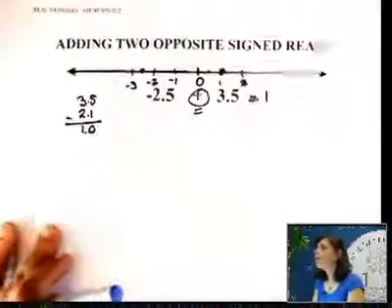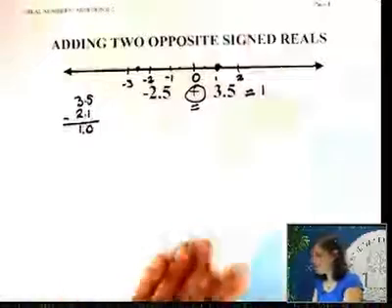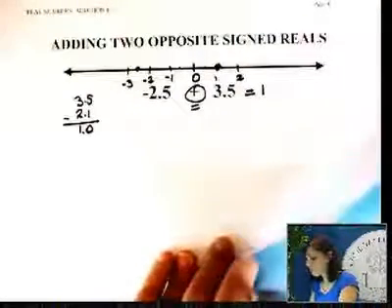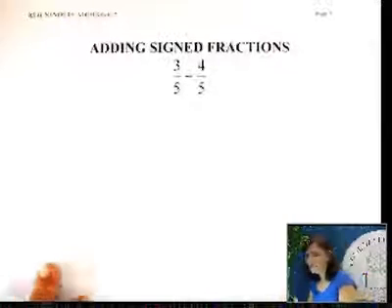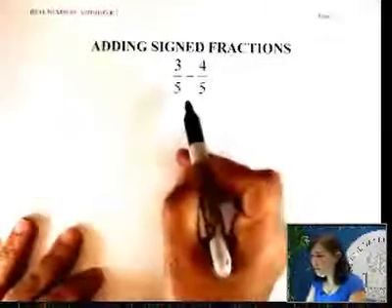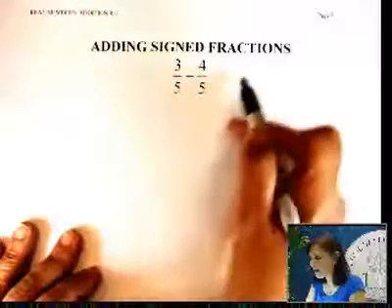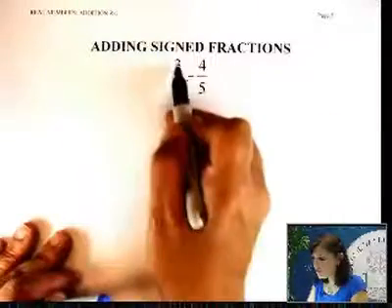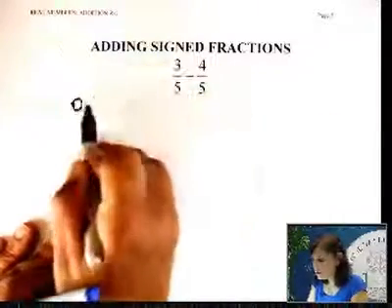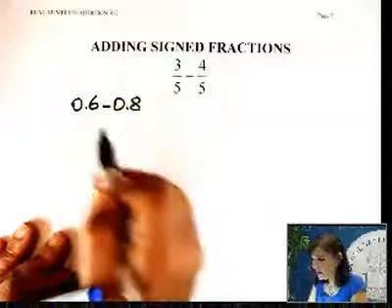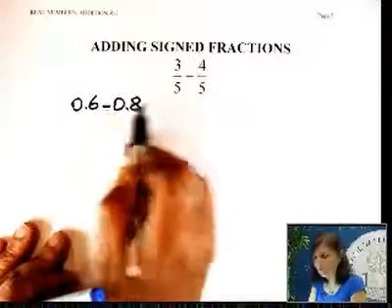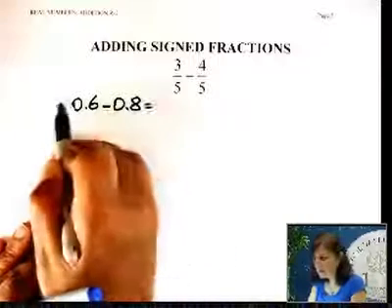So it's very similar to integers. You just have to make sure you understand how this works. With fractions, you can either go to decimals and do this, like one way is 3/5 is 0.6 minus 4/5 is 0.8. And 0.6, 0.8, these are opposite signs, right? There's a plus in there.